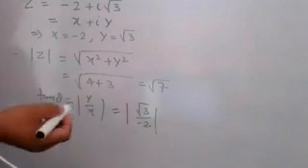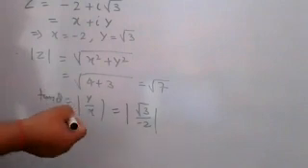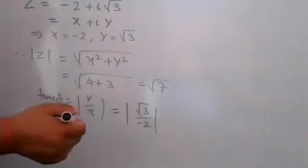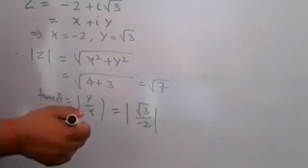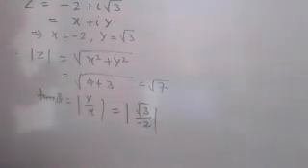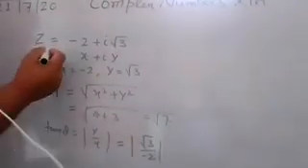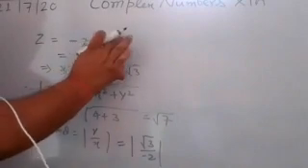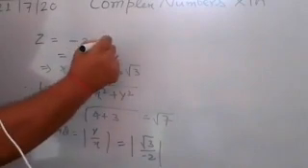Is there any value of tan which gives the value root 3 by 2? No. Oh, sorry, I made a mistake here. Please correct your question. So here z is given as -2 plus i into 2 times root 3. Yes, correct it.